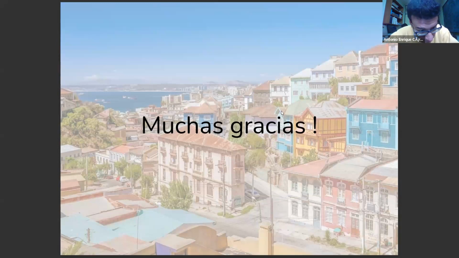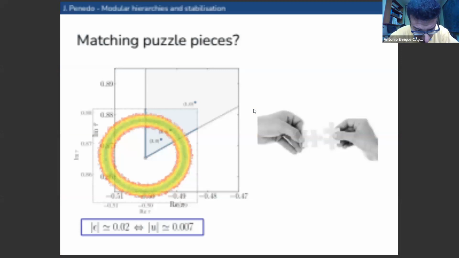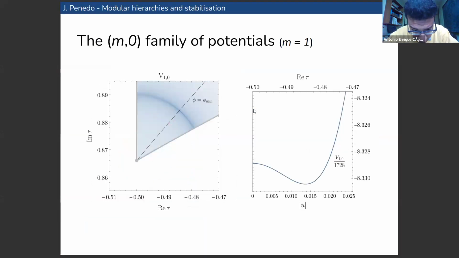Joao, you were showing before some potential for this stabilization. How are these potentials derived? One of these potentials was connected with supersymmetry and Sugra. Yes.